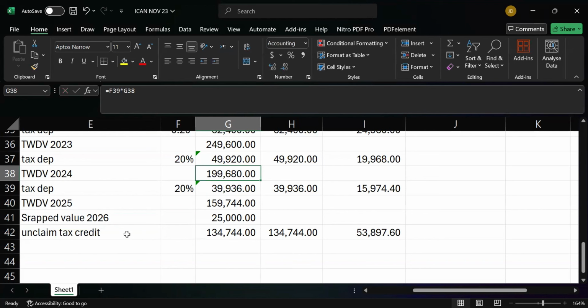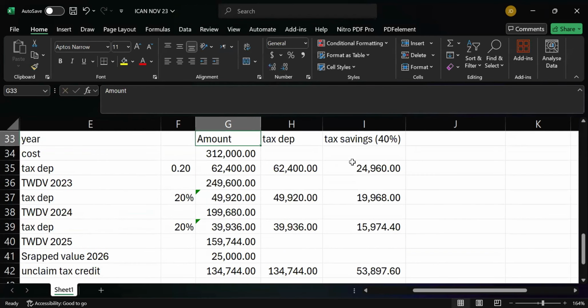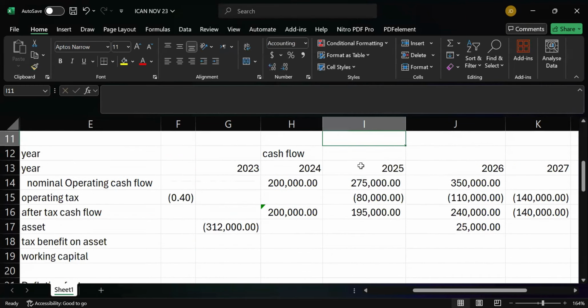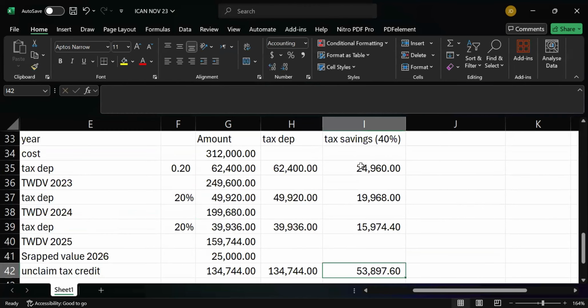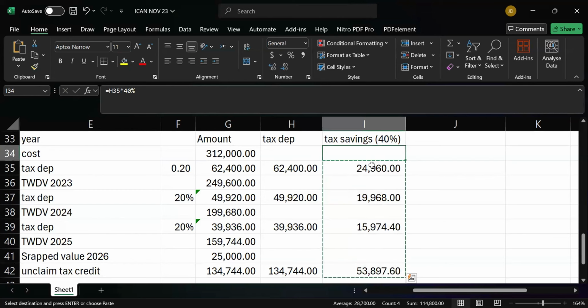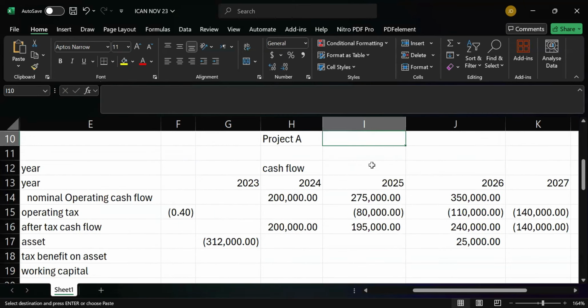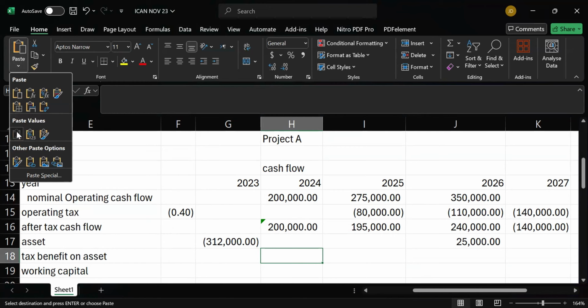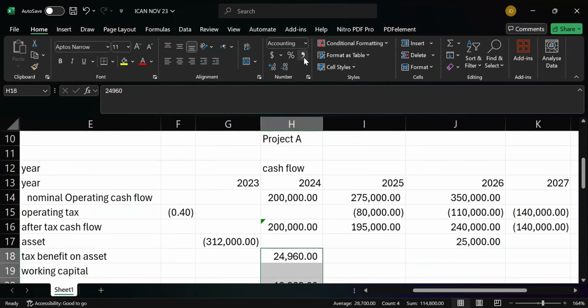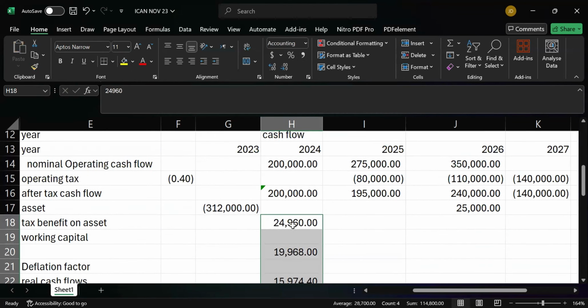Okay. So this is what we have for year one, year two, year three, year four. So let's go to the table. Let me bring the figures closer. Tax benefit on assets. That's year one.